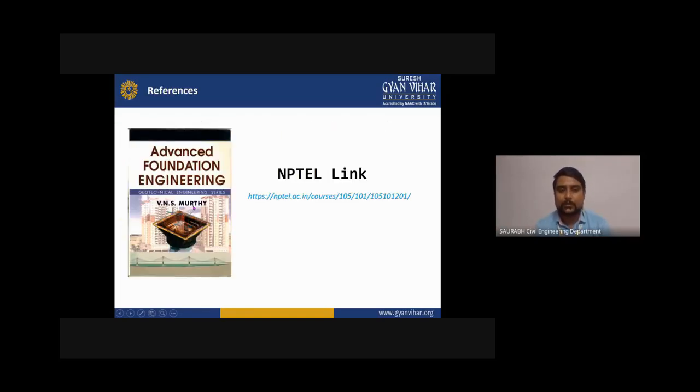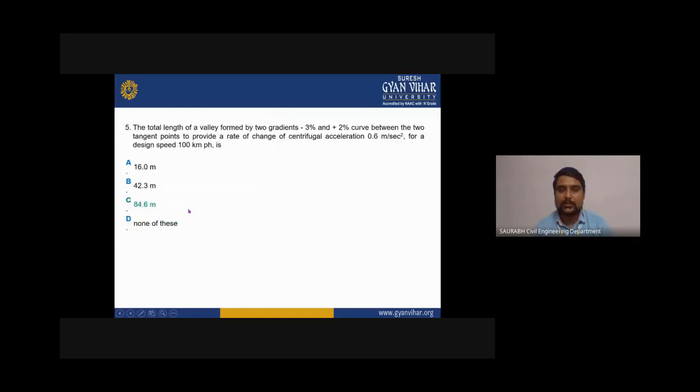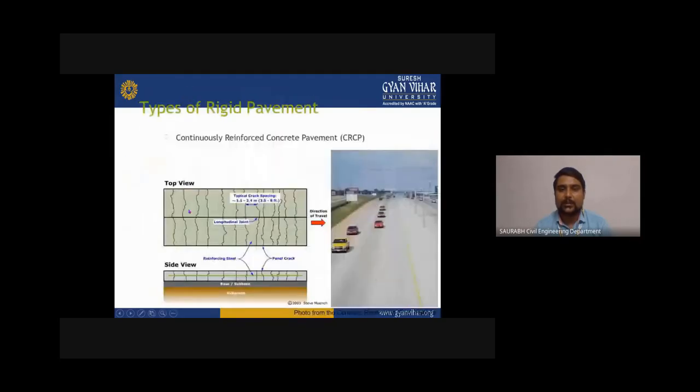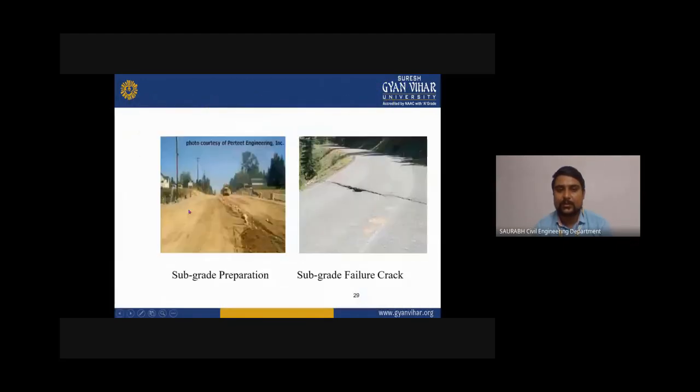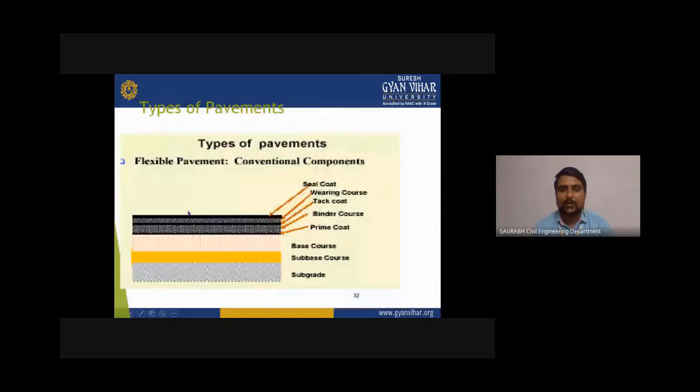So now come to the reference. There is one book and also one NPTEL link given here. If you watch this NPTEL video, it will also give very good knowledge of road pavement design. Today we saw many things regarding flexible pavement and subgrade, and we also saw the types of pavement, how we can build these types of pavement, and what the elements of these pavements are.